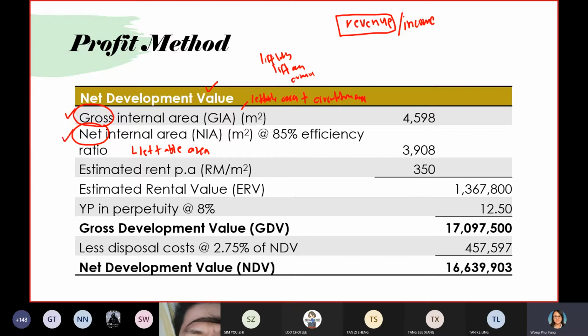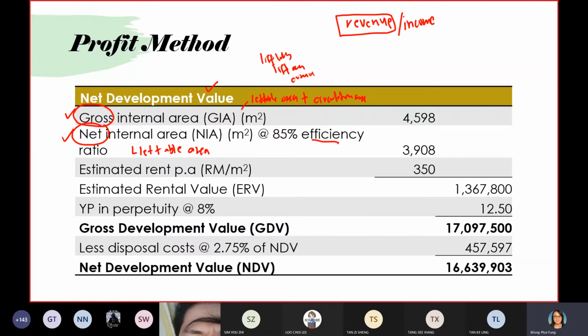Net area only refers to those built-out areas that can generate income for you, but gross area includes the lettable area plus all the circulation area like corridor, staircase, M&E services room, including the non-lettable area.